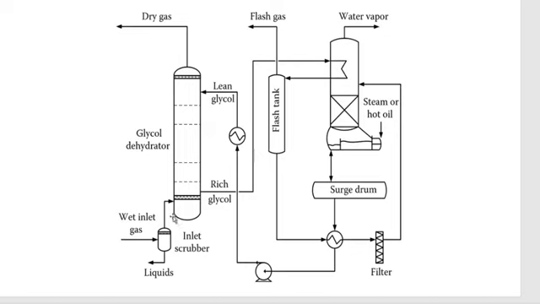The temperature difference between the wet gas inlet to the tower and the lean glycol must be about 10 degrees. Why? To avoid any condensation of the glycol. Okay, we can control this temperature in this heat exchanger.